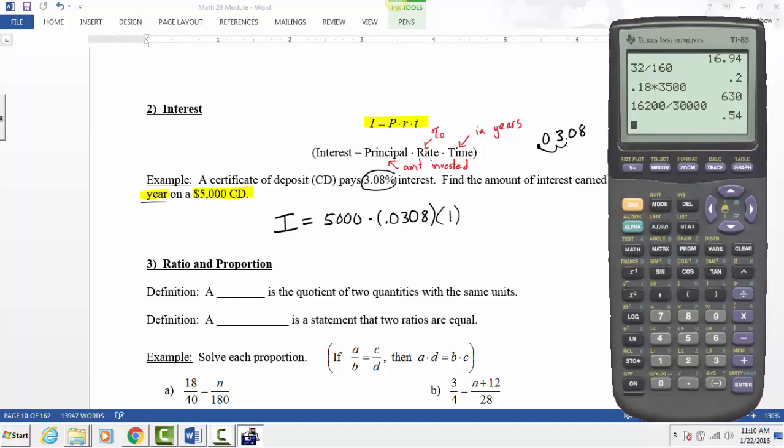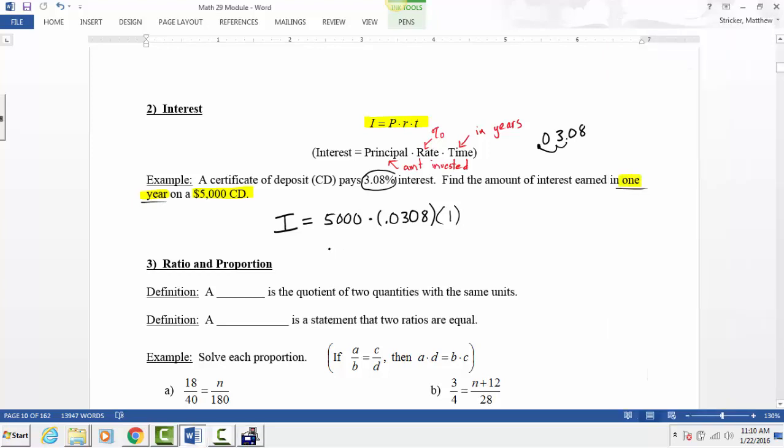So if I multiply that all out, I just take my 5,000 times 0.0308 times 1, which doesn't do anything, and I get $154. So my interest here is $154 interest that's earned in 1 year. Again, you should always write this out as a complete sentence.